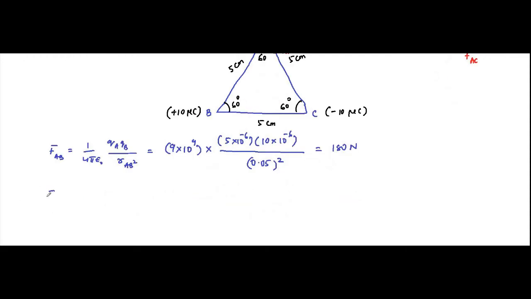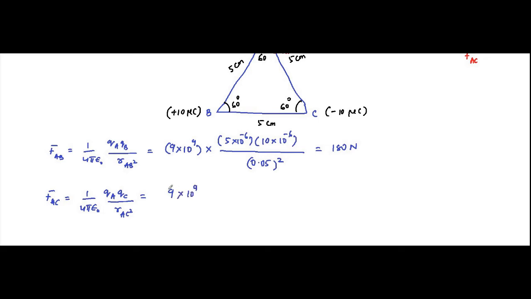Similarly, FAC is the same, 1 by 4 pi epsilon 0 QA QC by RAC whole square. Both the magnitudes will be the same because the charges are the same, only the difference is in sign.